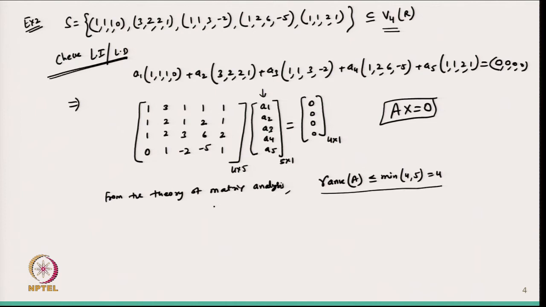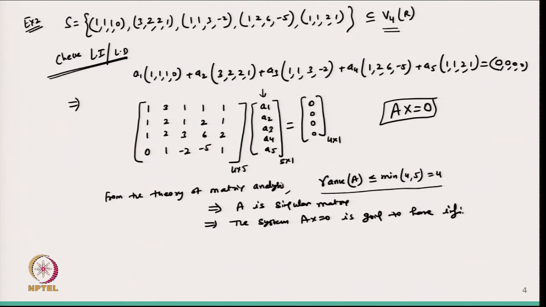So, from here one thing is true, that A is a singular matrix, and from here I can say that the system Ax equal to 0 is going to have infinitely many solutions.